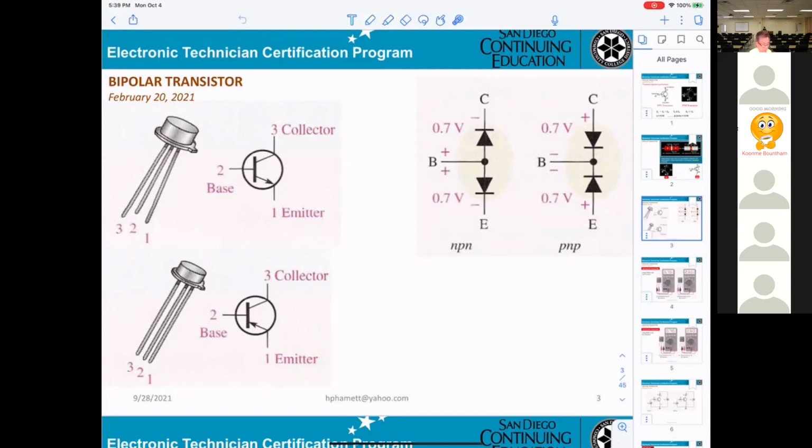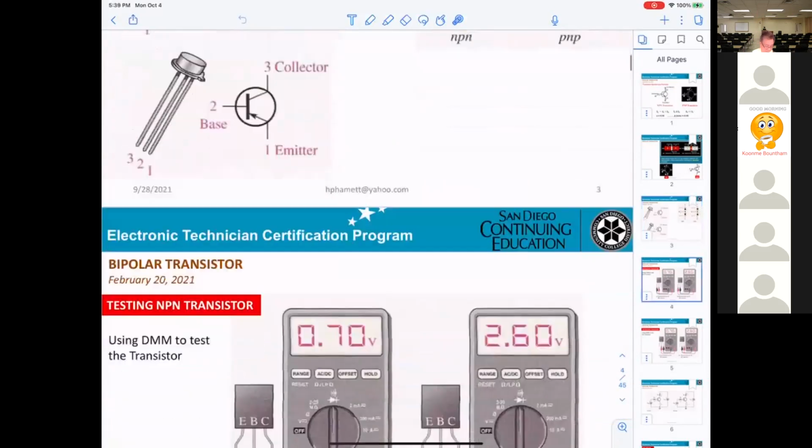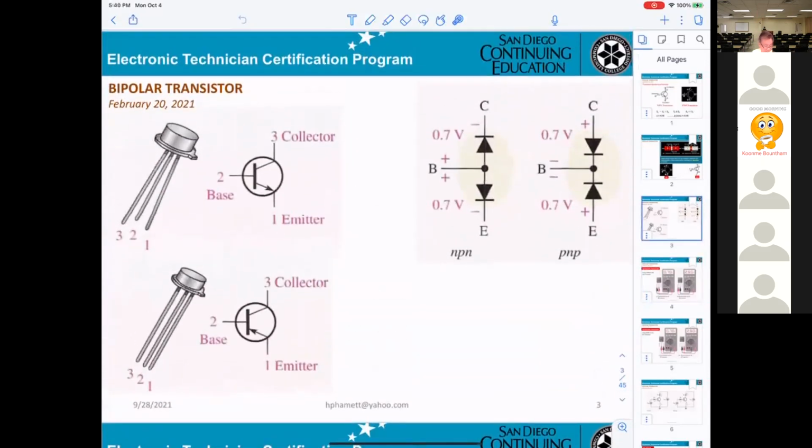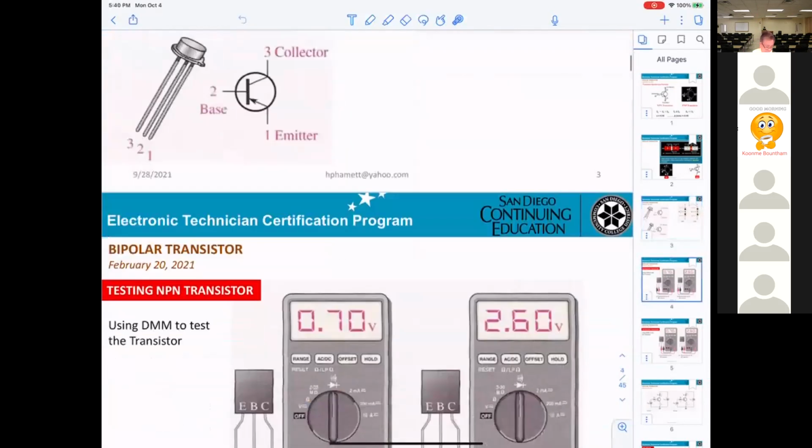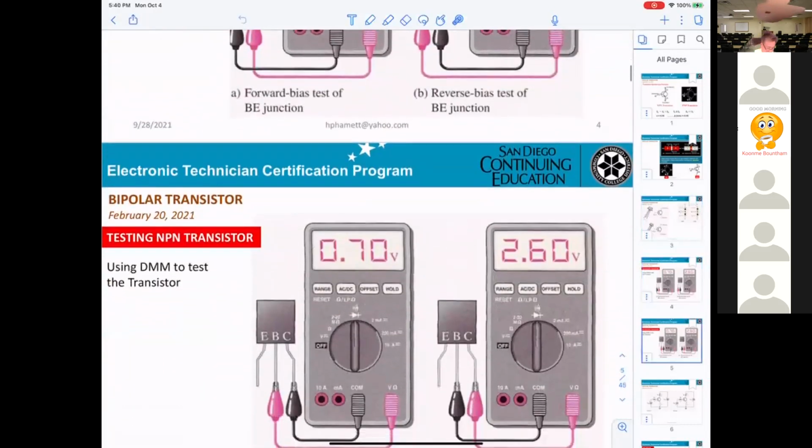Different types are labeled differently. The ones you normally see in the lab have the numbers 1, 2, 3. Correct. Okay, thank you. You're welcome.